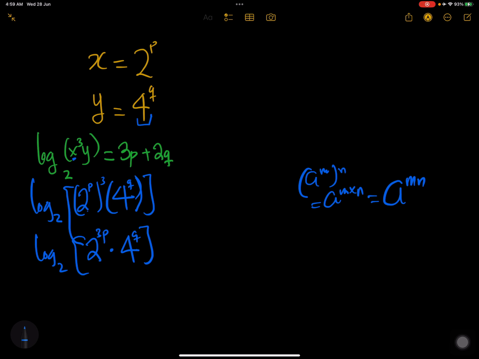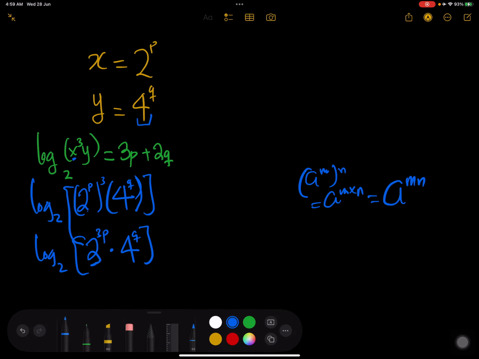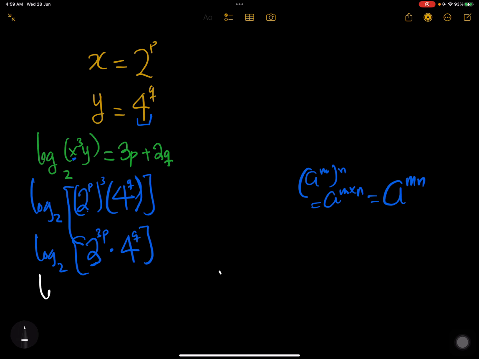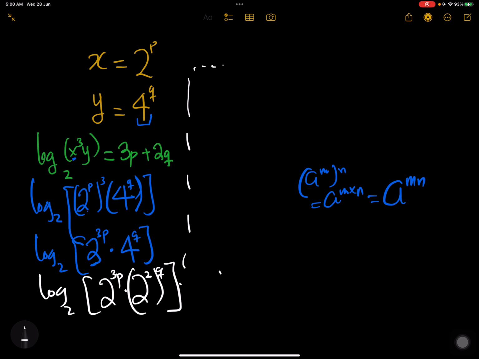Now we can simplify what is inside. The common base is 2, so we can rewrite this as log to the base 2 of 2 to the power 3p, multiplied by 2 to the power 2, and then we have our q at the back there.